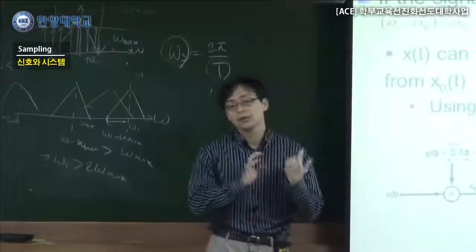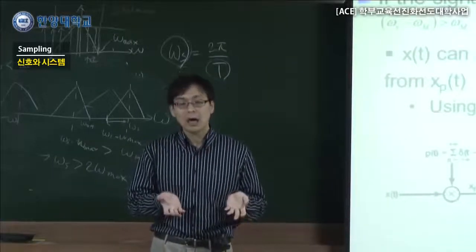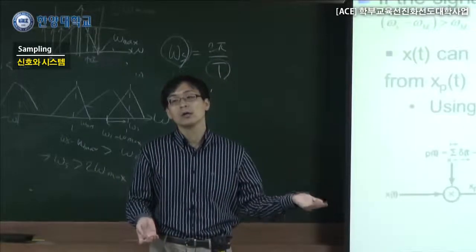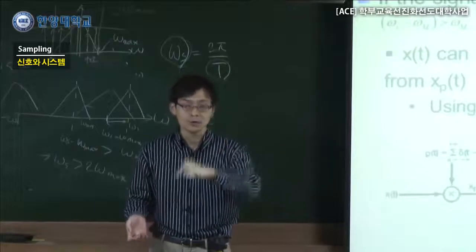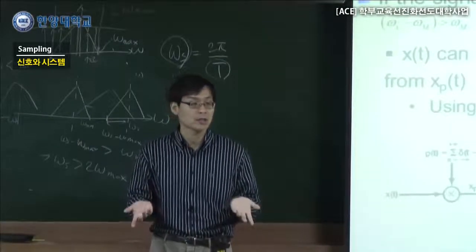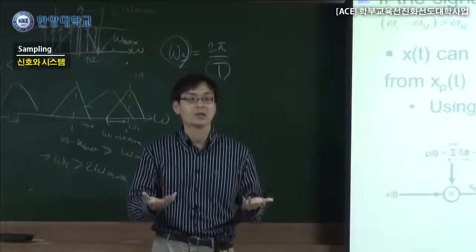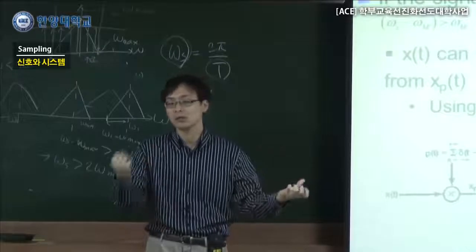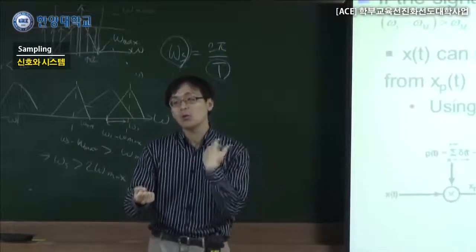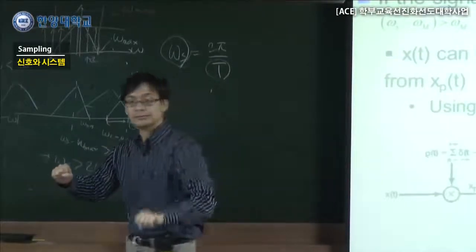So we will briefly talk about how to go back. So far, we talked about converting from continuous to discrete. Nyquist's theorem talks about the sampling frequency, and how nicely we can change from continuous to discrete time. From now, we briefly introduce how we go back from discrete time to continuous time. All right?